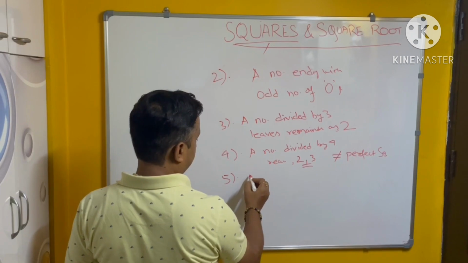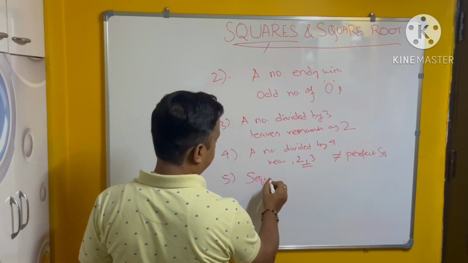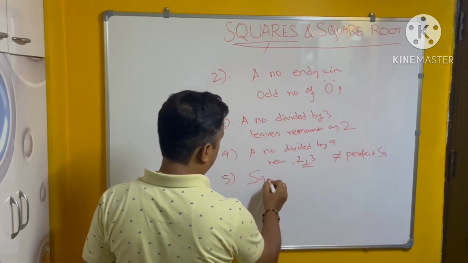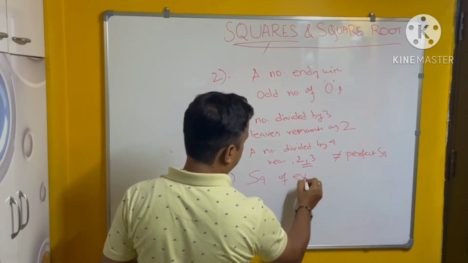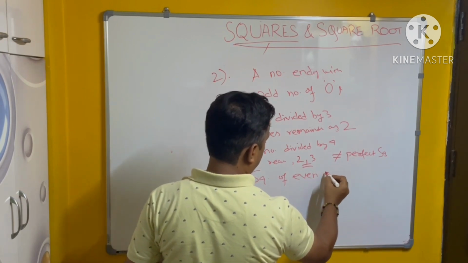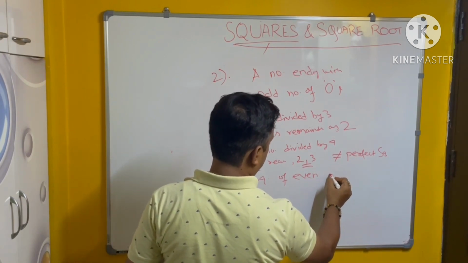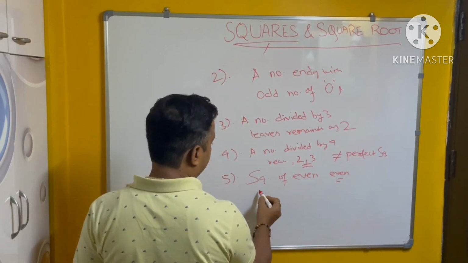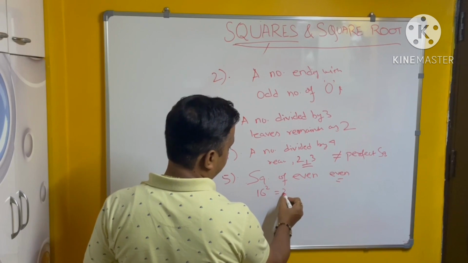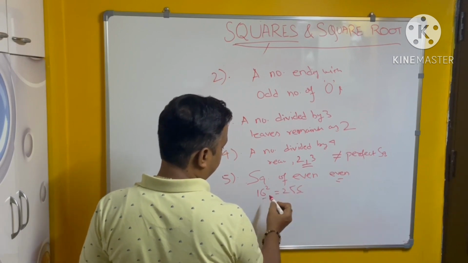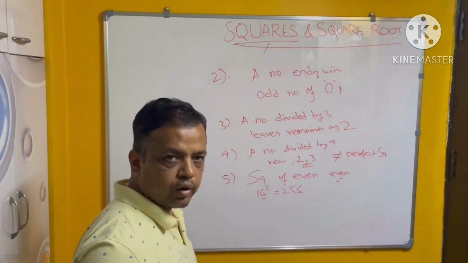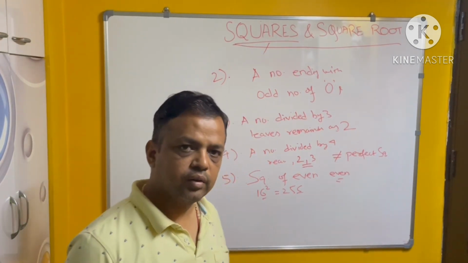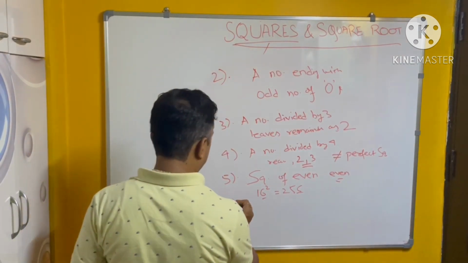The fifth is: the square of an even number is always even. For example, take 16, its square is 256, so it is even, because when an even number is multiplied by another even number, the product will be an even number.